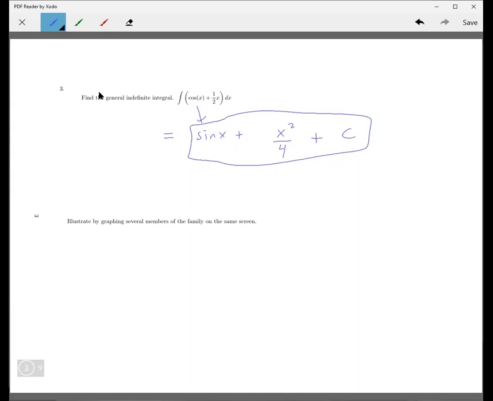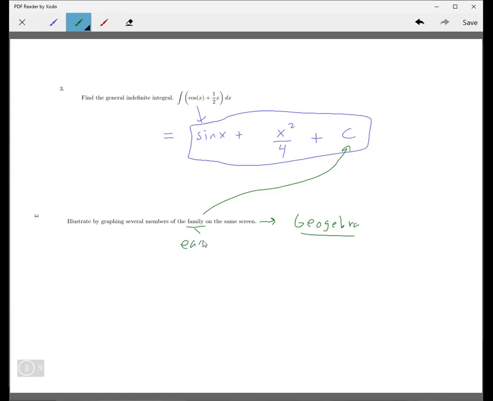Then the second part is to illustrate by graphing several members of the family on the same screen. So we're going to do this in GeoGebra. By family, what they mean is this piece right here.